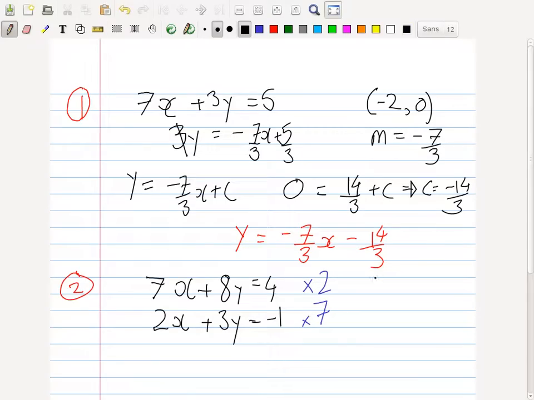So this gives me 14x plus 16y equals 8. And then the next one here, 14x plus 21y equals minus 7.